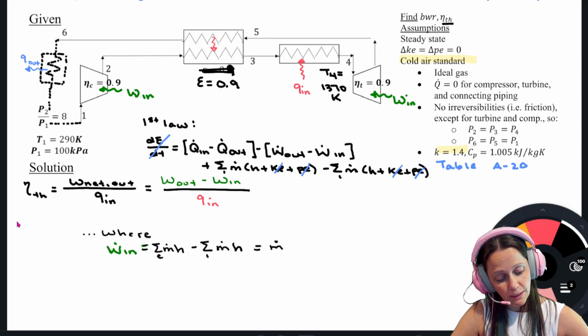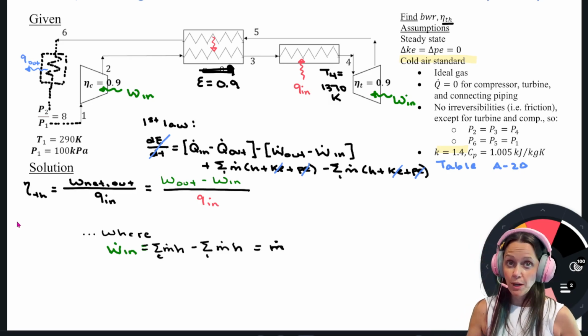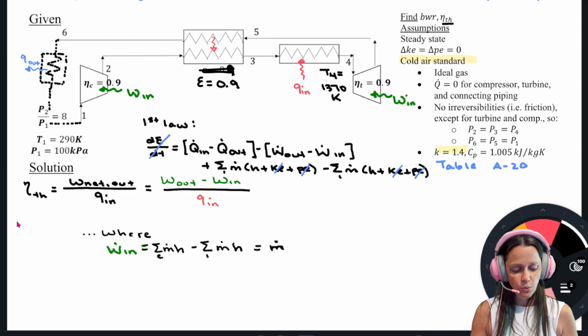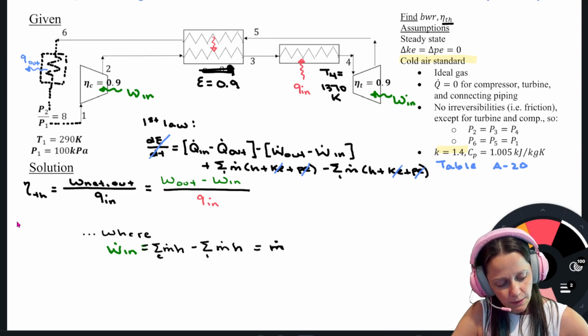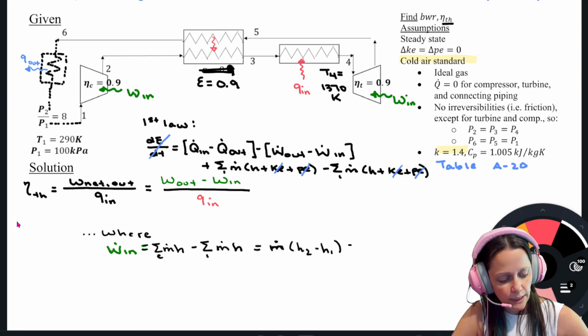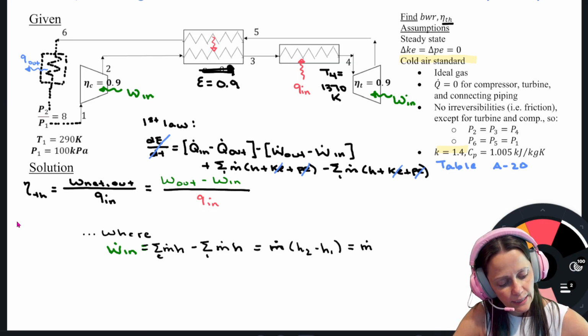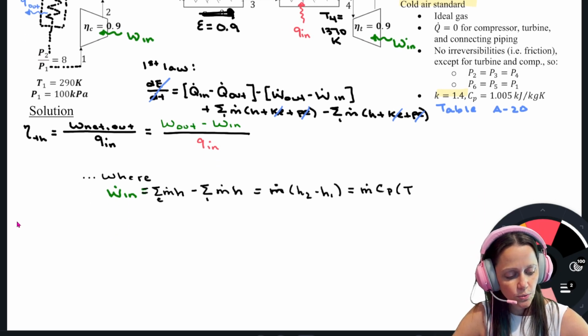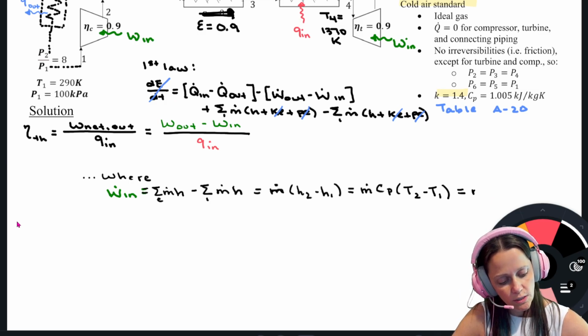And I know that because I could do a mass balance, right? Apply my conservation of mass and prove to myself that that mass flow rate, because it's steady state, because it's one inlet, one outlet, that mass flow rate is the same. So this becomes M dot times H2 minus H1, or M dot times CP times T2 minus T1. This is just M dot times that little work in.